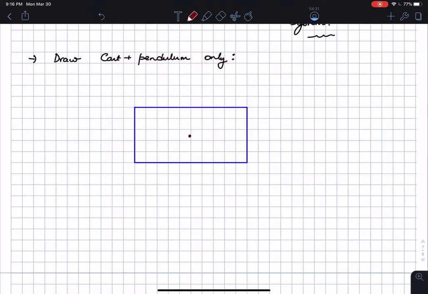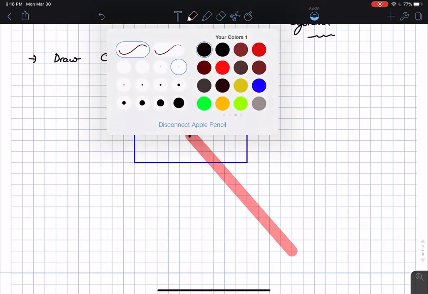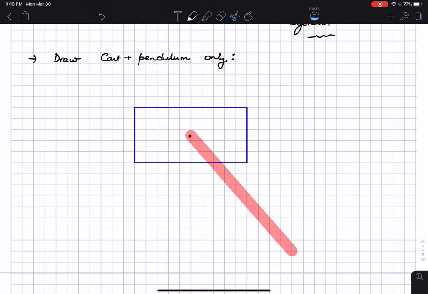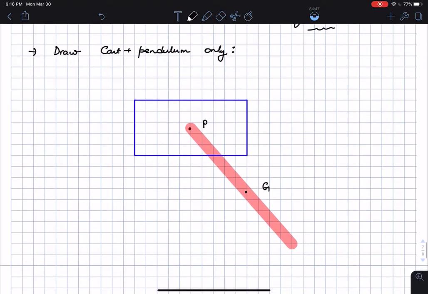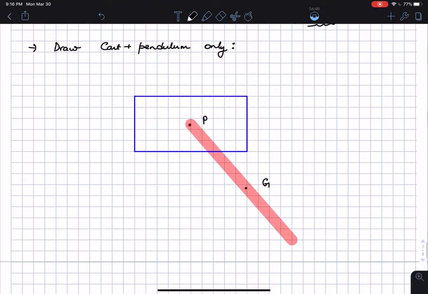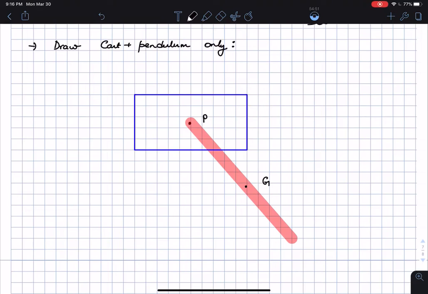So here is the pendulum. The first thing is I look at the center of mass of the pendulum. We call that the point G. This was the point P, and then I come up with the variables that define the problem. In this problem, all the constraints are holonomic because there is not much of a constraint from that perspective. The length of the pendulum remains fixed.